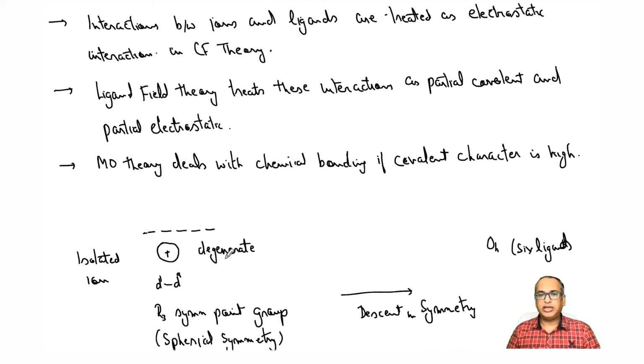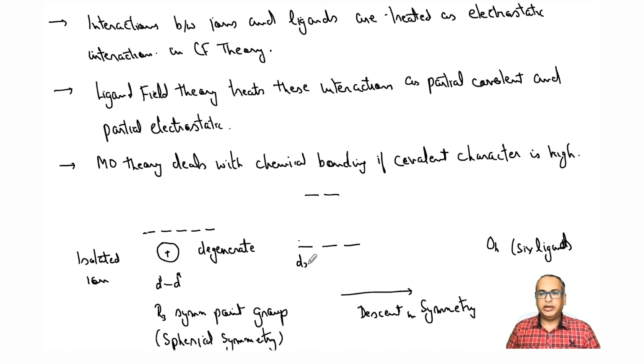And we have learned that when we go for descent in symmetry, there is a possibility that a degenerate set of orbitals may undergo splitting, and then it may not remain degenerate when you go for descent. So what happens, these d orbitals can either form something like this.